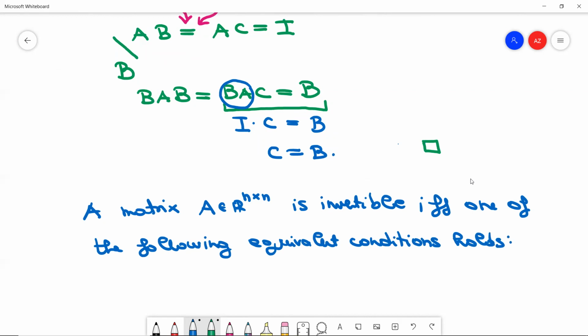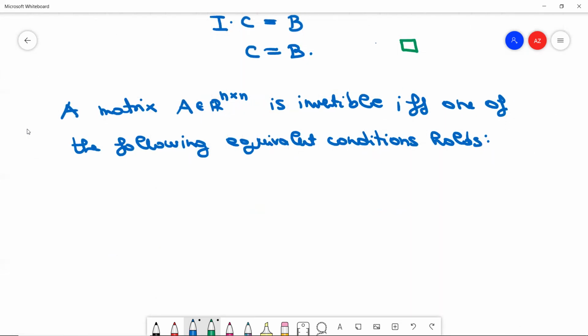Equivalent conditions means that if one holds, then also the others hold. There are at least 6 conditions which describe the invertibility of the matrix A.